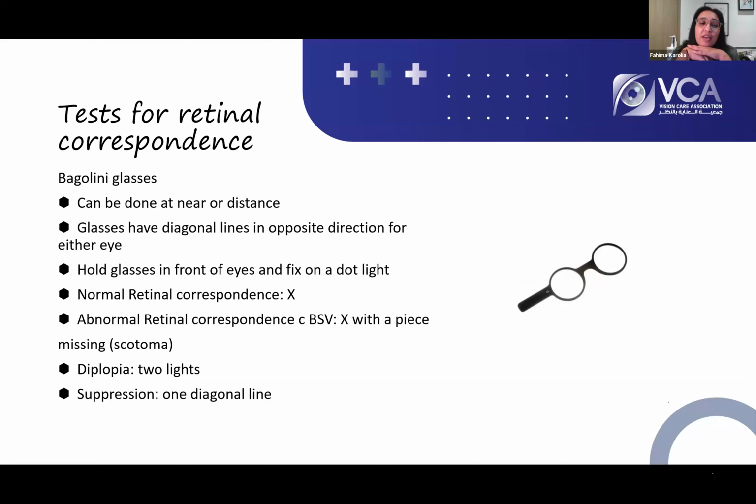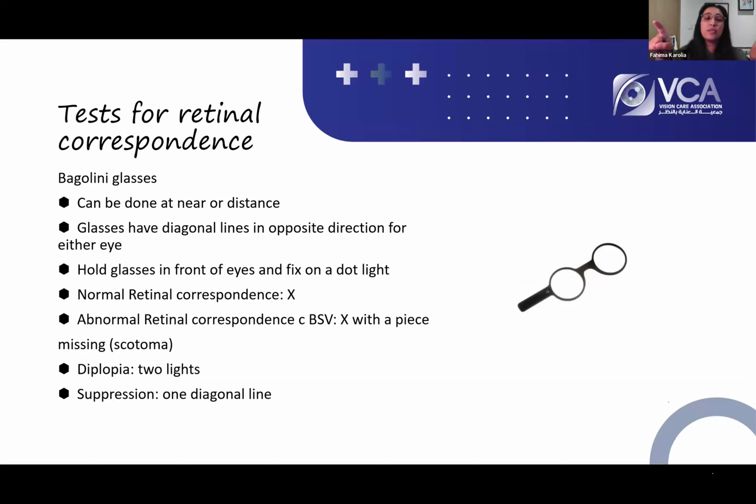If they have abnormal retinal correspondence with binocular vision, then they'll have an X, but with a little missing piece. To be honest, when I've tested patients who have abnormal retinal correspondence, none of them have ever reported that to me. So although we know it in the literature, I've never seen in the clinic anybody report that to me.